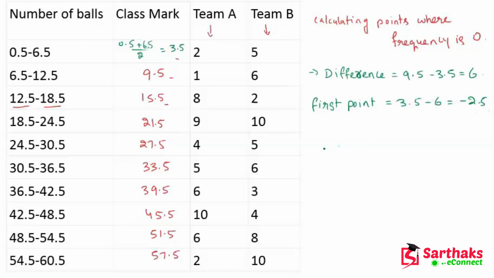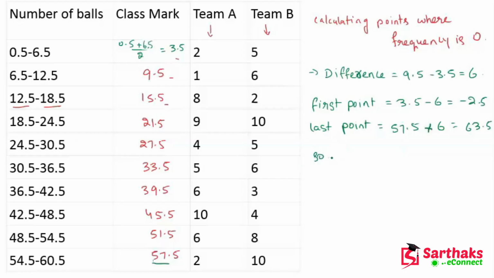This point is on the x-axis, and the last point will be 57.5 plus 6, which is 63.5.